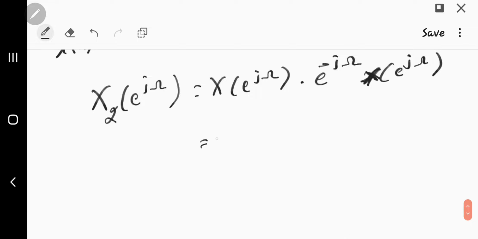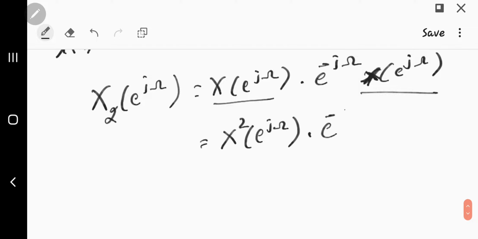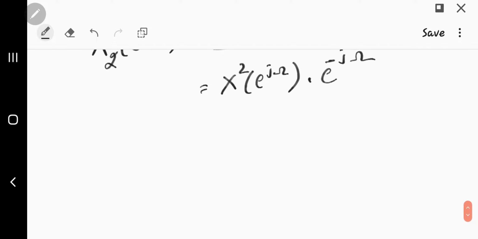So if you substitute the value, we have x and x common here, so it gives us x square e power j omega into e to the power of minus j omega.